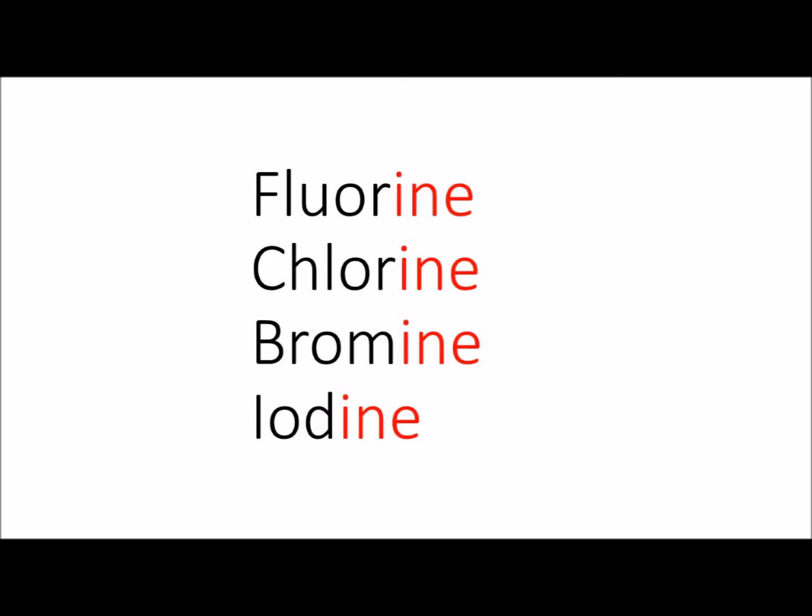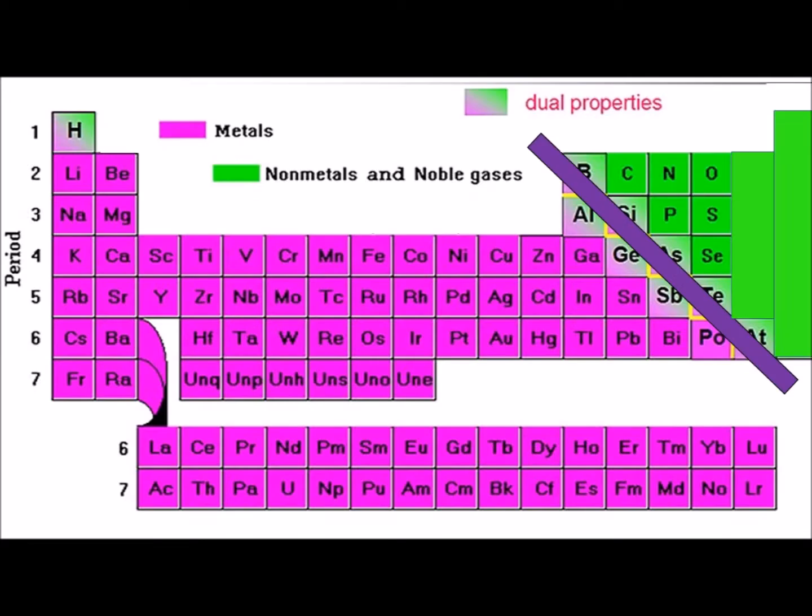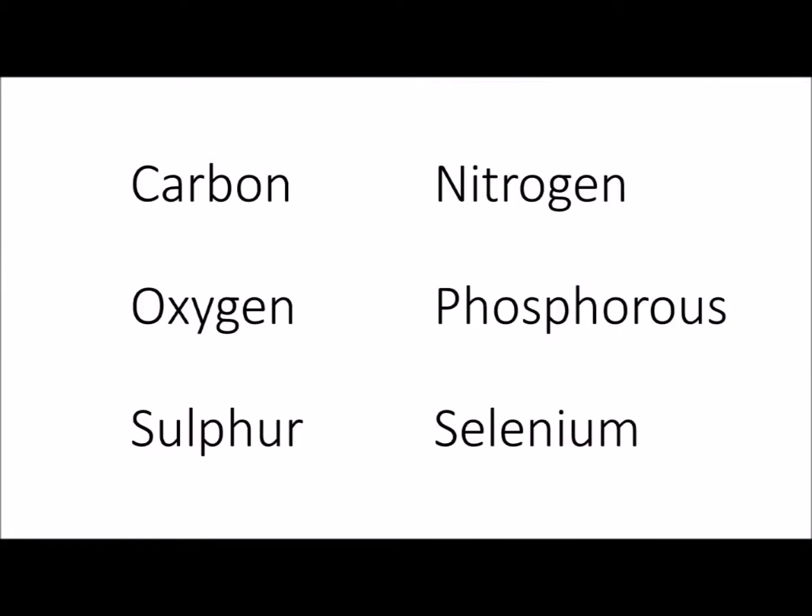For example, fluorine being a pale yellow gas. Again, that will come up separately in chemistry. So if we take all those out, there's only 6 non-metals to learn. Carbon, nitrogen, oxygen, phosphorus, sulfur and selenium. You'll have heard of most of those anyway. So these 6 with hydrogen, group 7 and group 8, are the non-metals. And remember, you will have a copy of the periodic table in your exam.